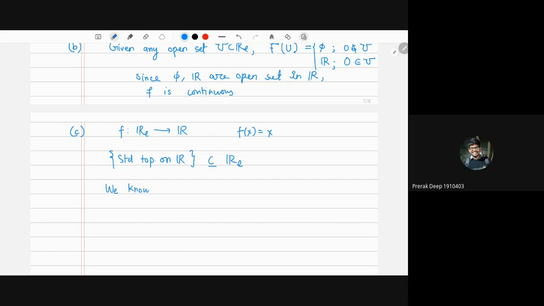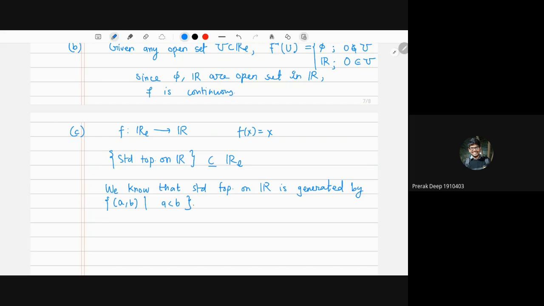Any topology is generated by its basis, right? So what are the basis of this standard topology? The bases are precisely these.